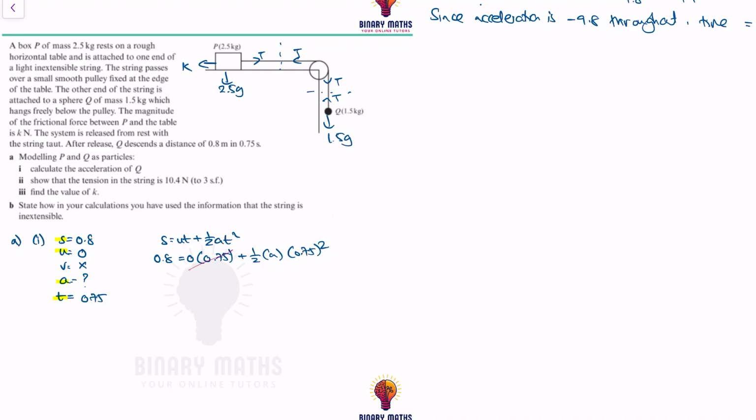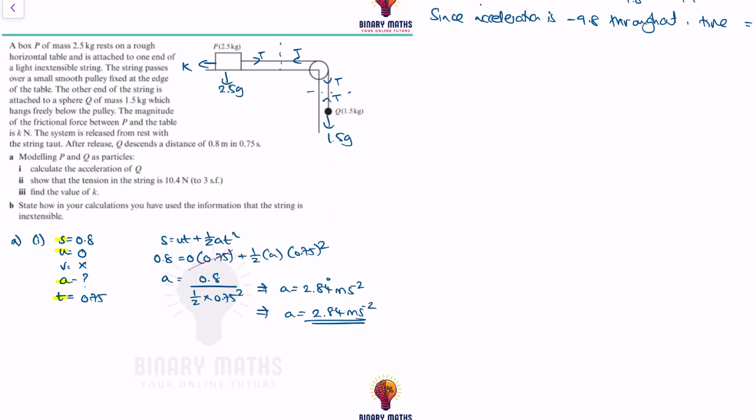If I rearrange it, A will be equal to 0.8 divided by half times 0.75 squared, which means A is equal to 2.84 recurring meters per second squared, which implies A is equal to 2.84 meters per second squared.